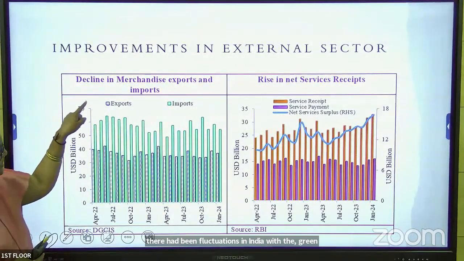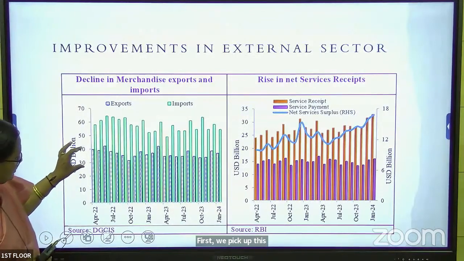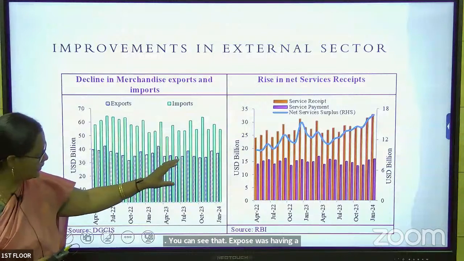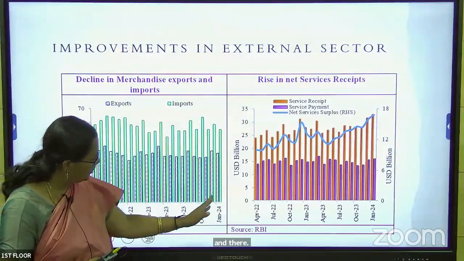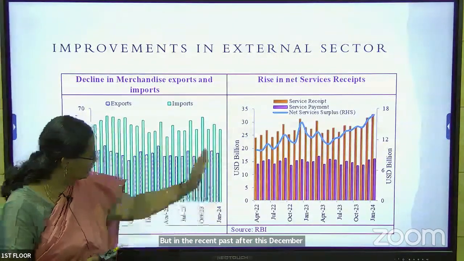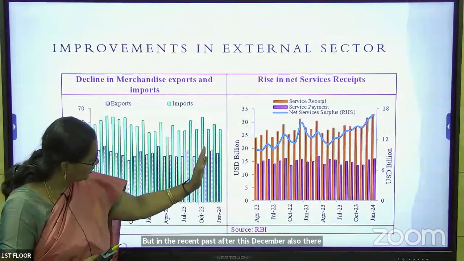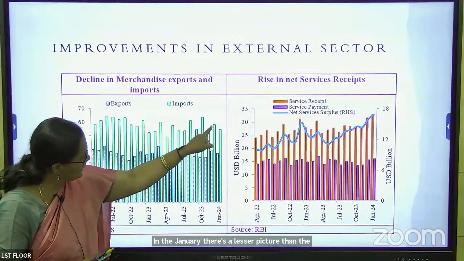First, pick up the blue color, which is the exports. You can see exports had fluctuations here and there. But in the recent past, after December or so, there was a slightly lower figure in January than in December. In the case of exports also, there is a decline.